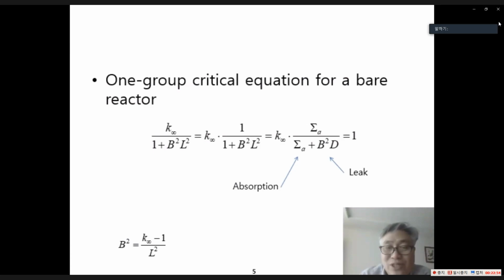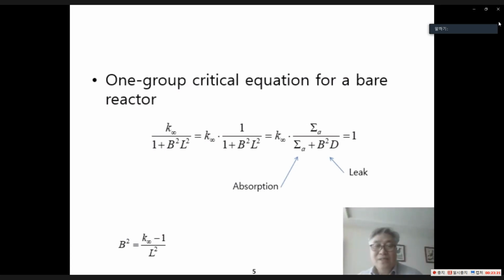So the expression K infinite divided by 1 plus B square L square is a multiplication factor for finite size reactor. K infinite is for the infinite reactor, but K infinite divided by 1 plus B square L square is the multiplication factor for finite reactor.